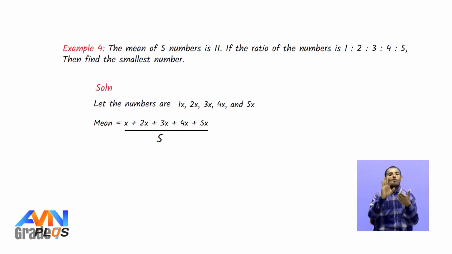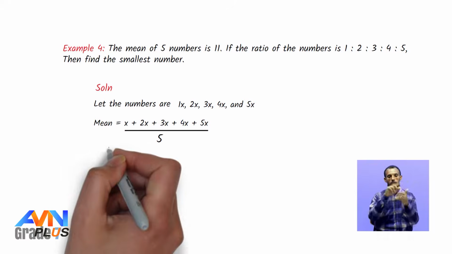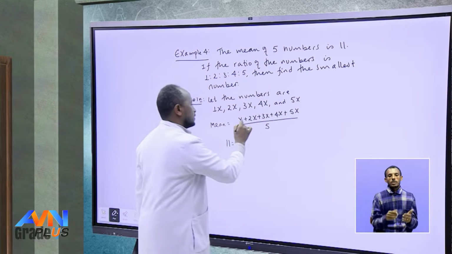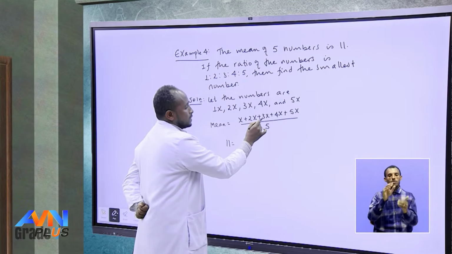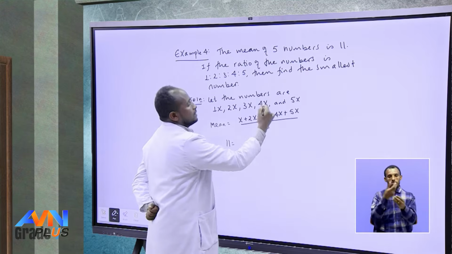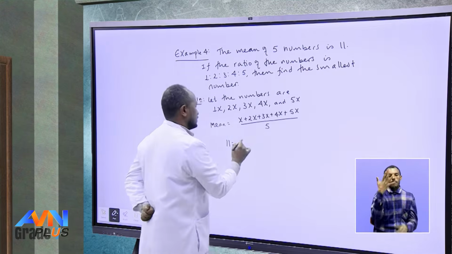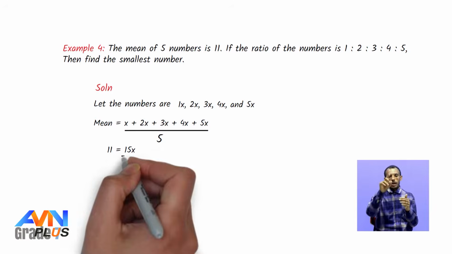Here we have 1, 2, 3, 4, 5 numbers, so we divide by 5. But the mean is given as 11. Therefore 11 is equal to this sum: 1 plus 2 is 3, 3 plus 3 is 6, 6 plus 4 is 10, 10 plus 5 is 15. Therefore this will be 15x over 5.